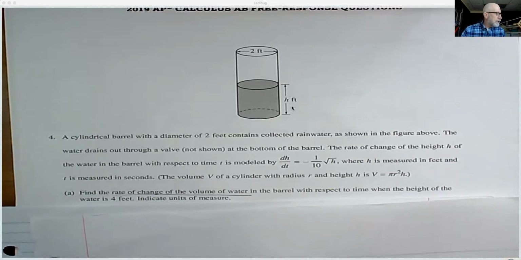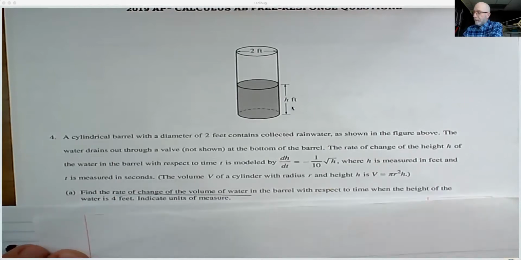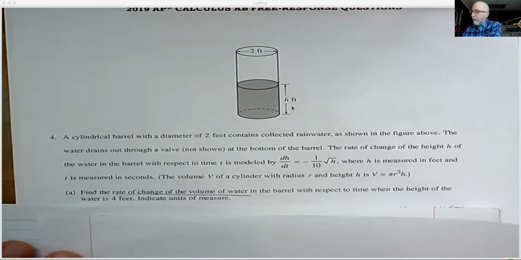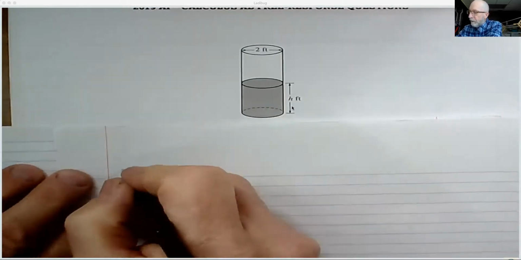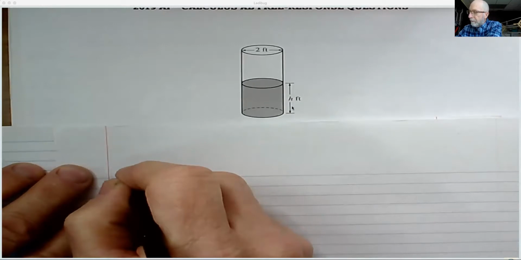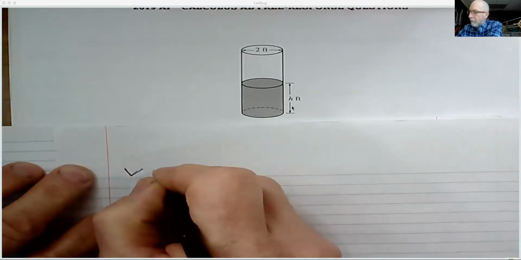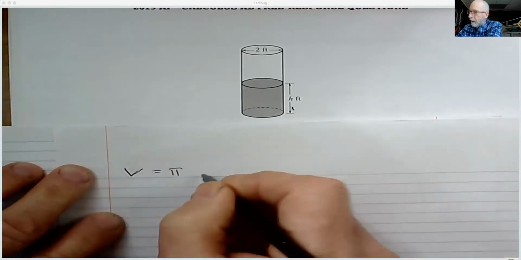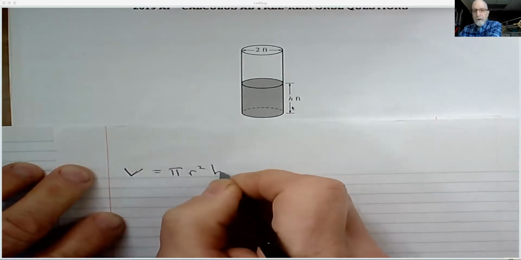Does that change anything? Couldn't you use the volume function then? Yeah. And so I'm going to write that right here. The volume function is pi r squared h, correct?